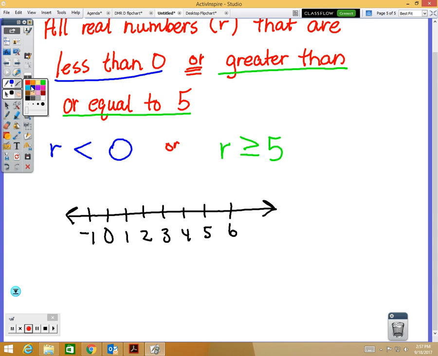Let's do R is less than 0. What do I do for that? Open circle. Which direction? And then R is greater than or equal to 5. Closed. Right. Good.